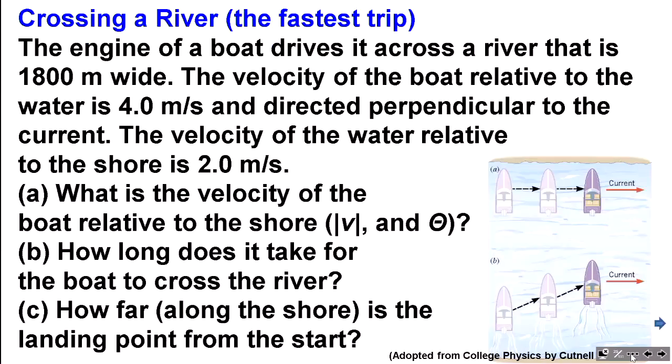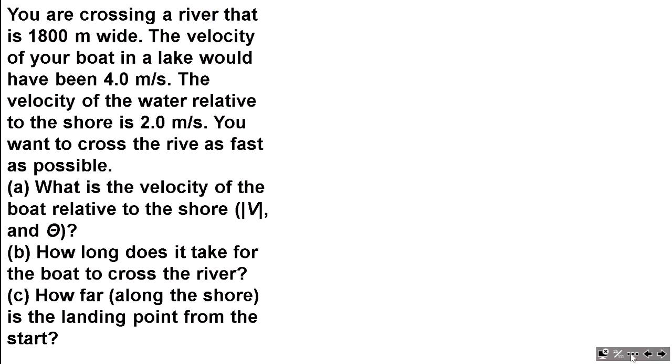And of course, now we just need to solve a problem. The river is 1,800 meters wide. Velocity of the boat relative to water, 4 meters per second. And the stream travels at 2 meters per second. Okay, got it.